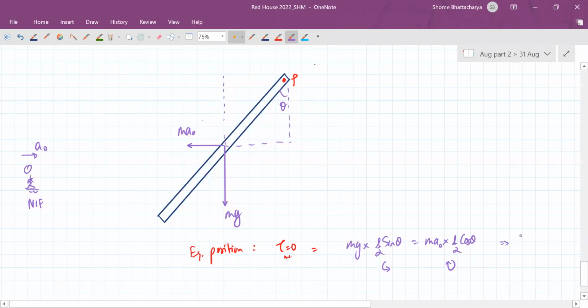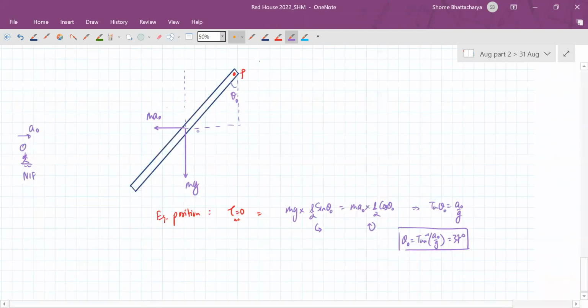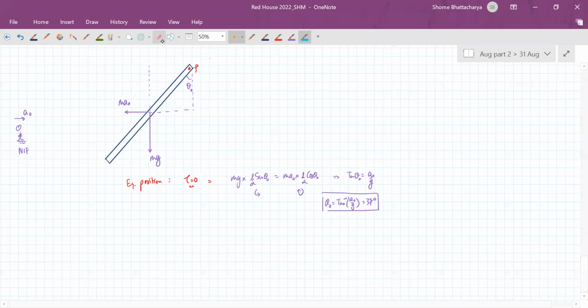So let's take this angle as theta naught, so that is the equilibrium position. So equilibrium position is this, or 37 degrees with respect to the vertical. So you can also understand that this is becoming like an effective weight.